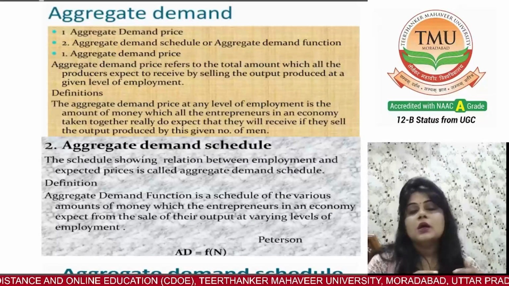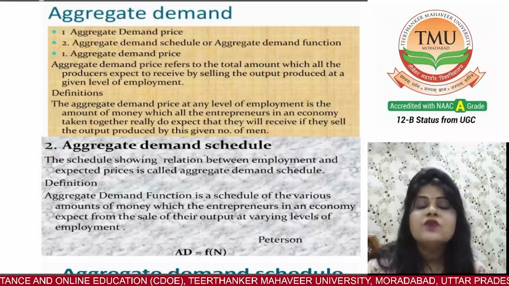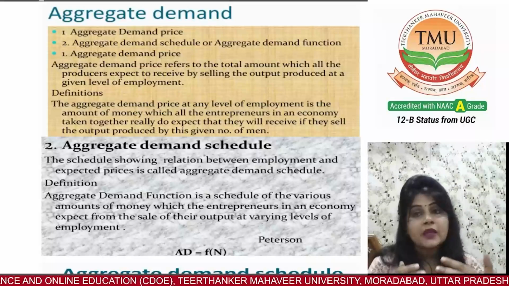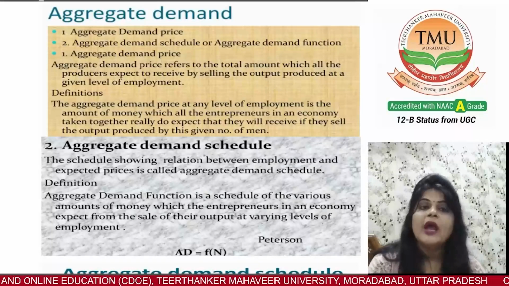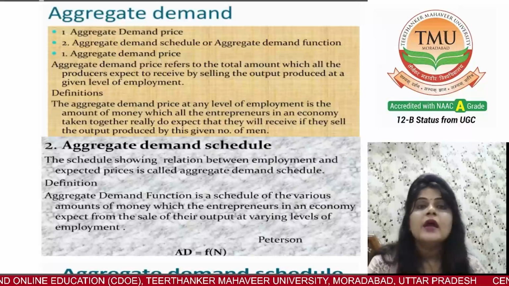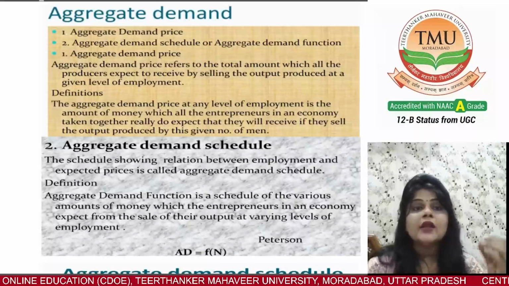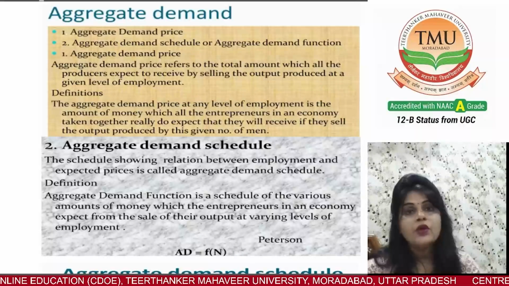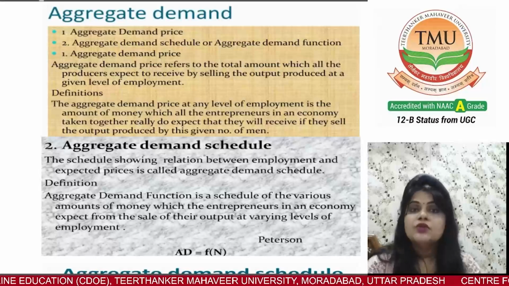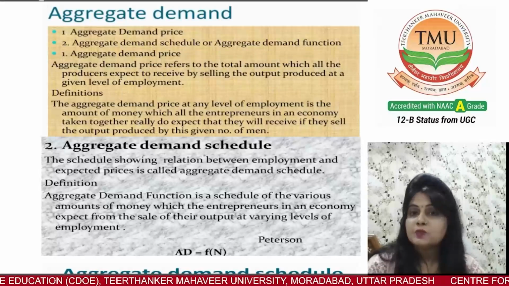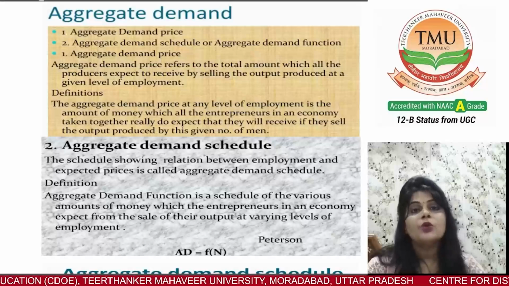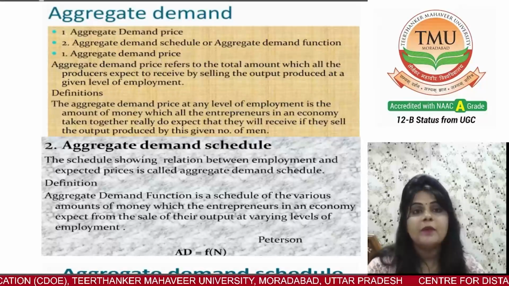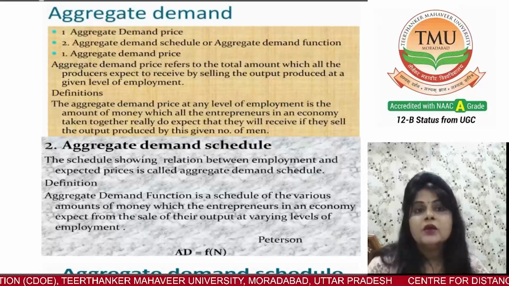In simple words, it refers to expected revenue from the sale of output at a particular level of employment. So, aggregate demand price is the amount of money which all entrepreneurs expect to receive from the sale of output produced by a given number of men employed.